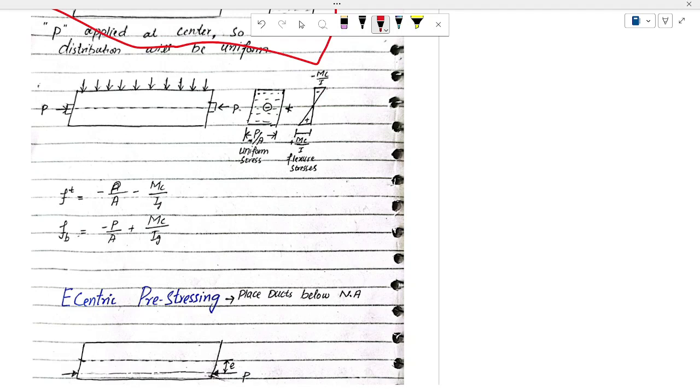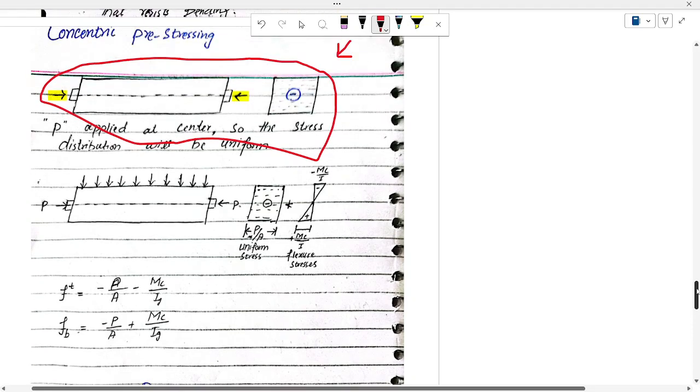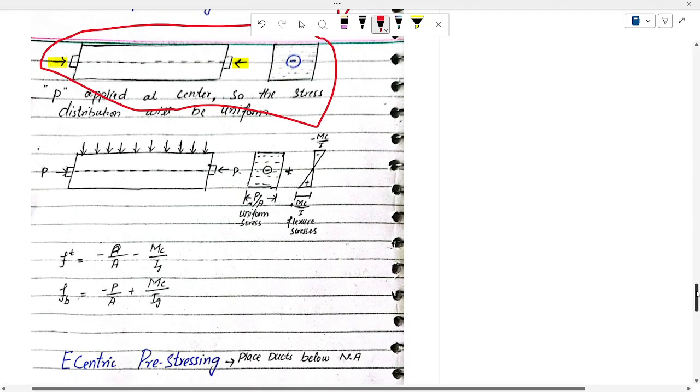Here you can see a compression, minus Mc by I, and a tension, plus Mc by I. So the extreme fiber stresses: fT is equal to minus P divided by A minus Mc divided by I, where fB is the extreme bottom fiber and fT is the extreme top fiber. So we calculated the extreme stresses in the case of concentric pre-stressing.